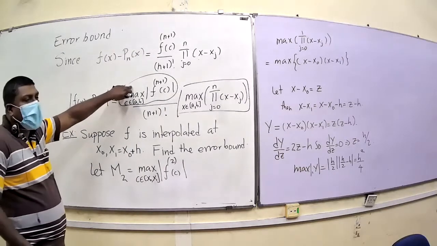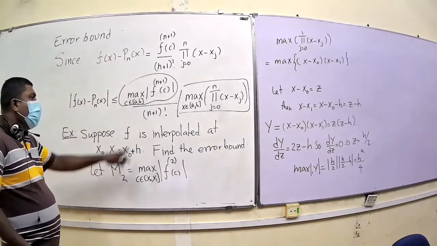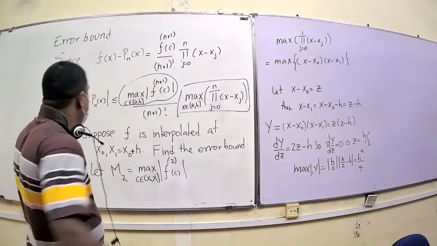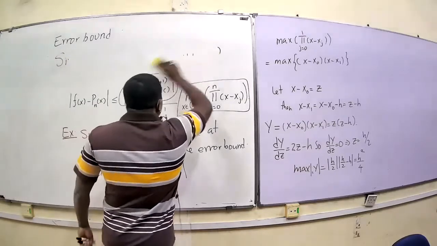Now this, you cannot calculate, so you name it as M2, and divide by (n plus 1) factorial, that is 2. So clearly you can find the error bound.